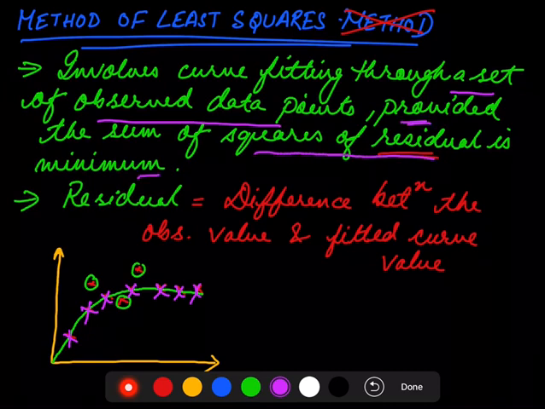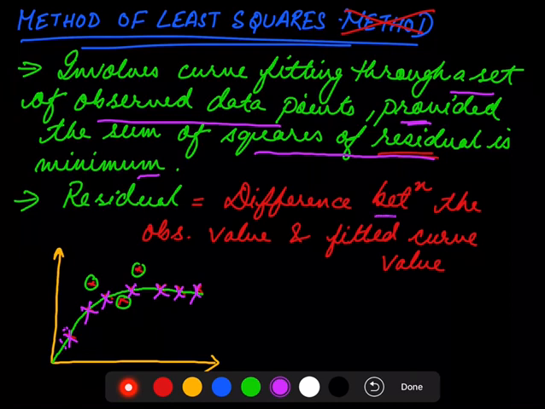So the square of one residual plus the square of the other residuals should be minimum. What is residual? The difference between the observed value and the fitted curve.